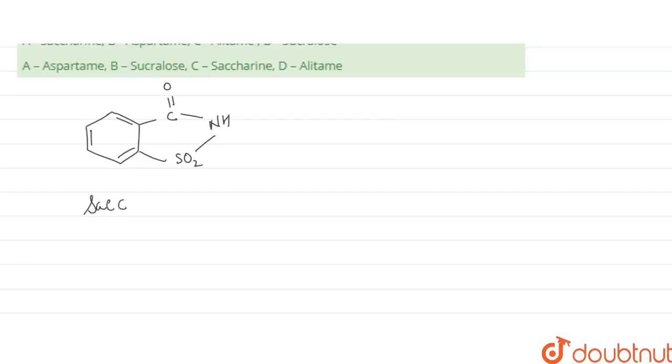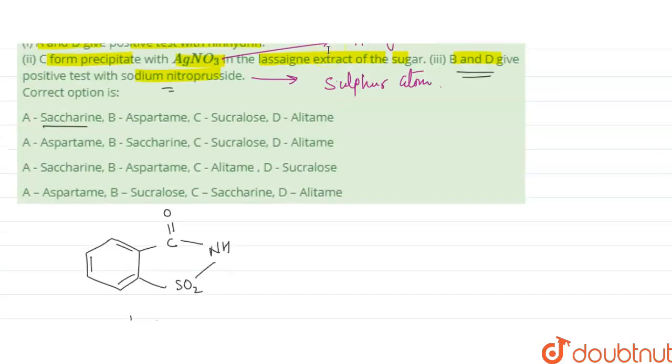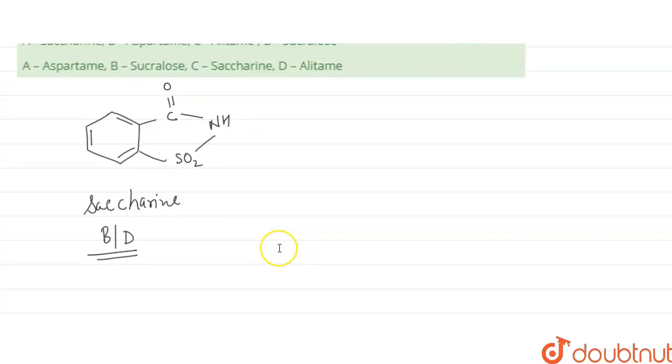So this compound may be B or D, because in the third statement it is given that it contains a sulfur atom, so it may be B or D.